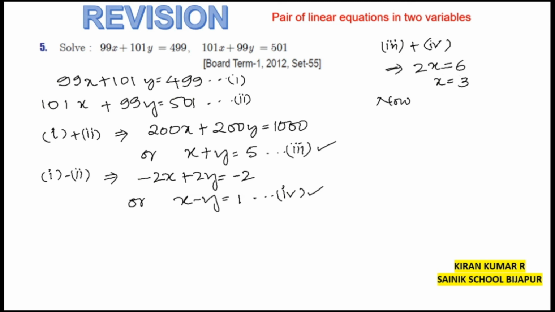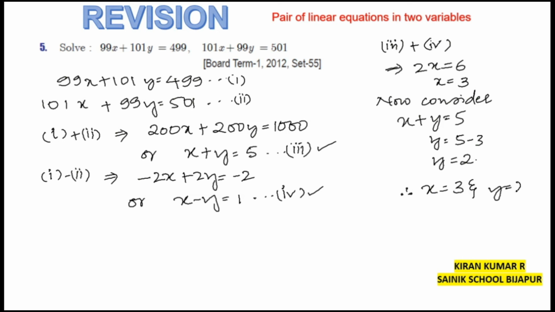Now consider x plus y is equal to 5. What will be y? It is 5 minus x, nothing but 5 minus 3. So the value of y is 2. Therefore, we get x as 3 and y as 2.